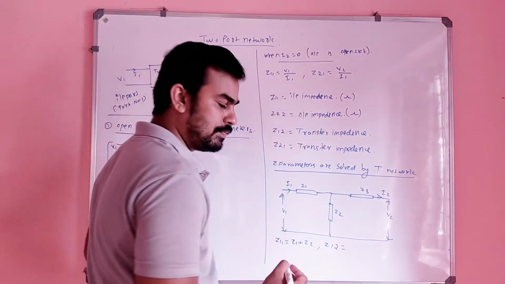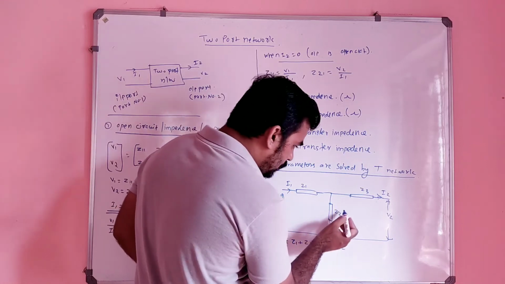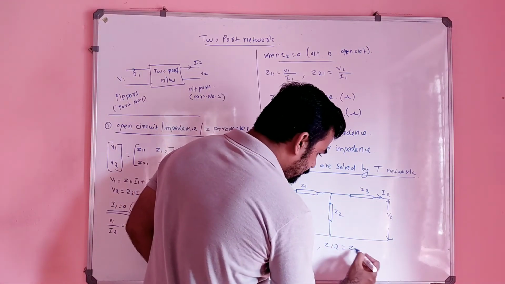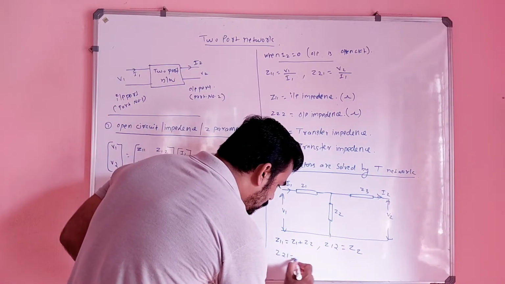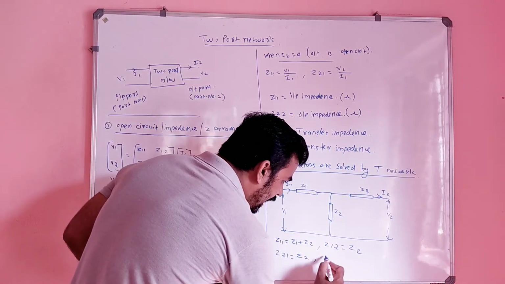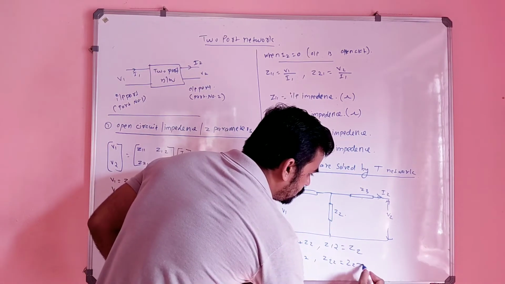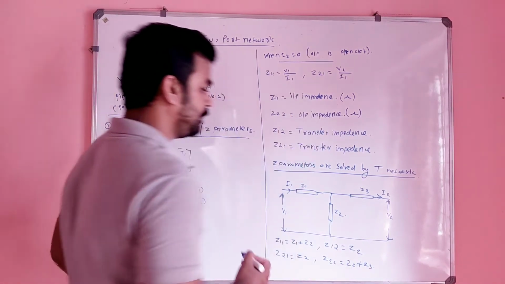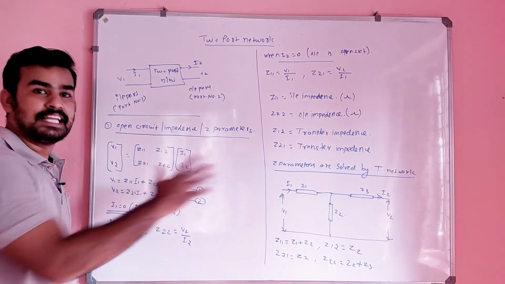Z12 is nothing but Z2, this only, and Z21 is also Z2, and Z22 is nothing but adding these two, Z2 plus Z3. So that is the Z parameter from the T network.